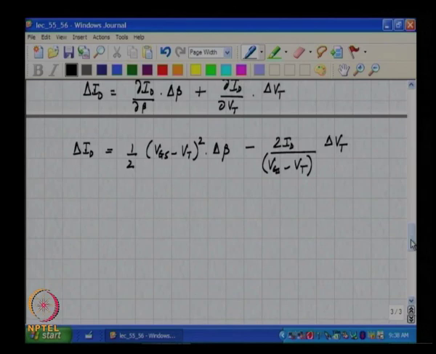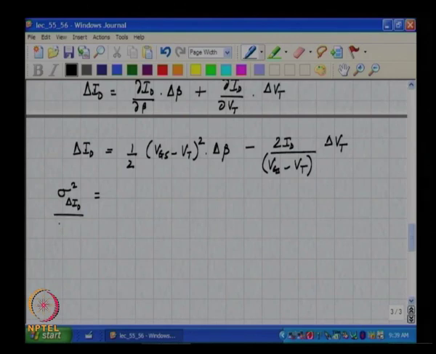Okay. So, sigma of delta Id, or sigma square of delta Id, is nothing but the squared sum of these things.